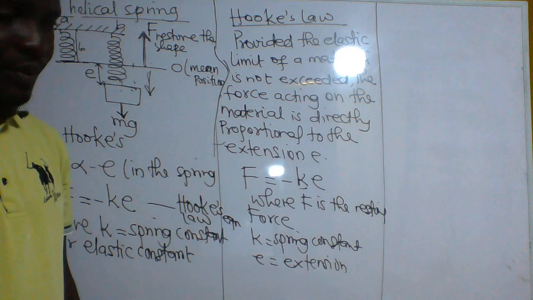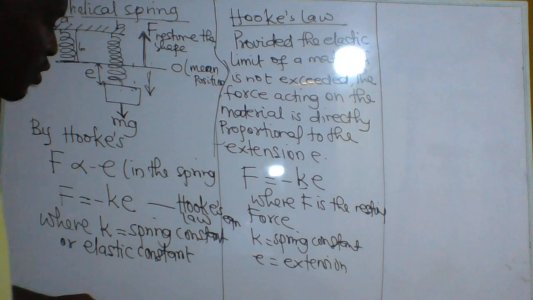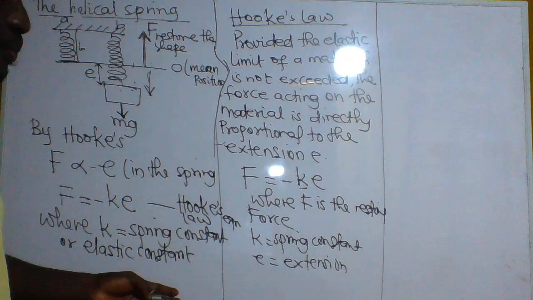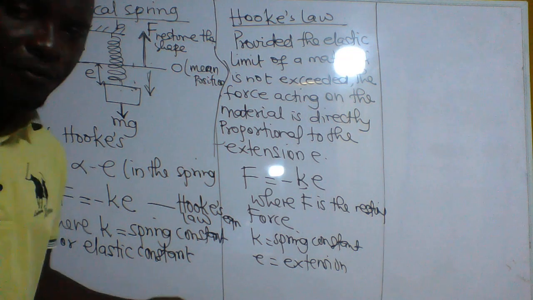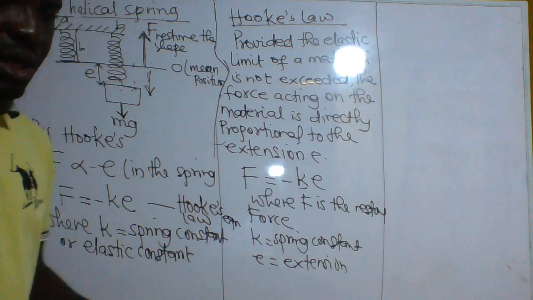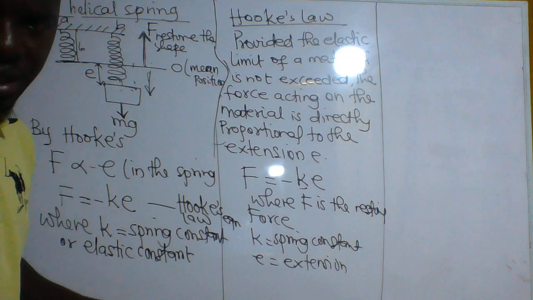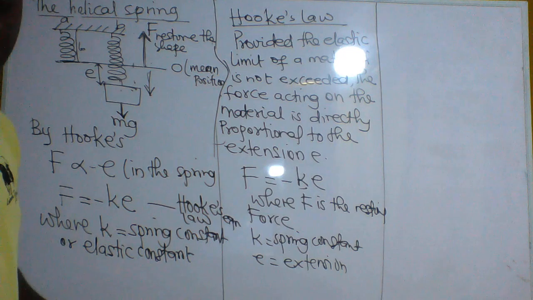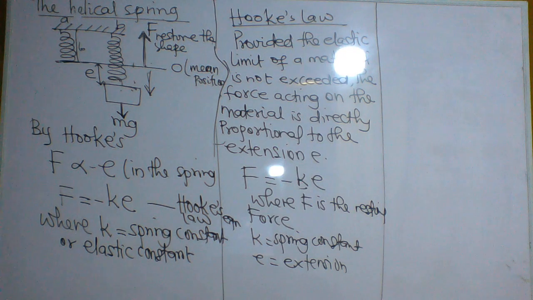All right, now let's move on to see how we can confirm the point that the loaded spring or the helical spring is an example of SHM. So that's the next point we have.